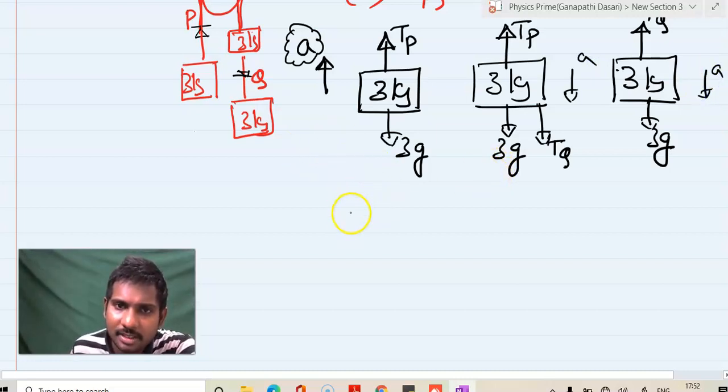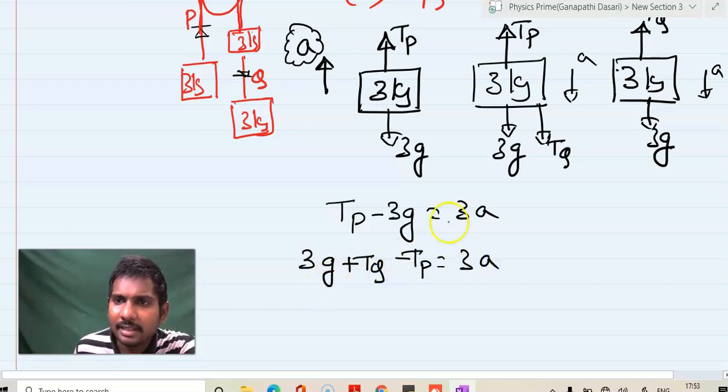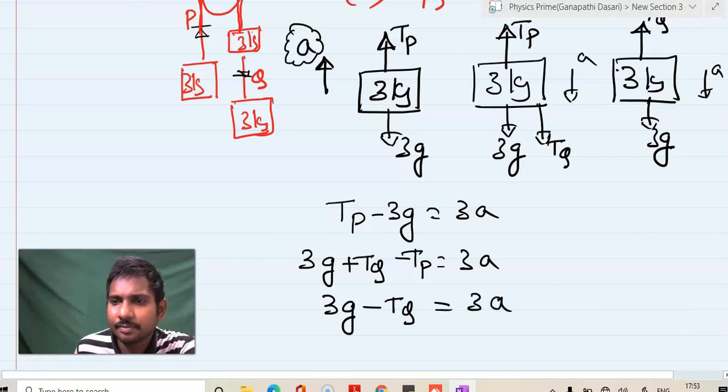We solve the equations. TP minus 3G is equal to 3A for first block, and second block 3G plus TQ minus TP is equal to 3A, and similarly third block 3G minus TQ should be equal to 3A.